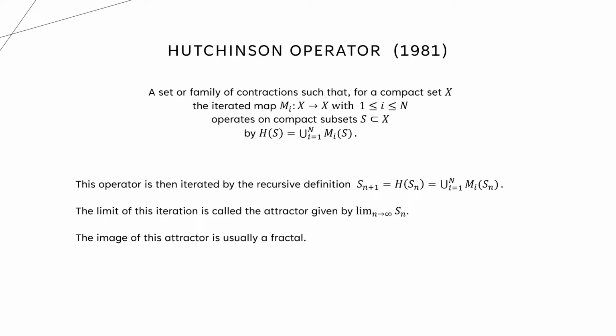On the previous slide, we had the mapping that took all the different sets, contracted them, and gave you a new set. Well, this is going to be the union of all of those things together, that whole group.